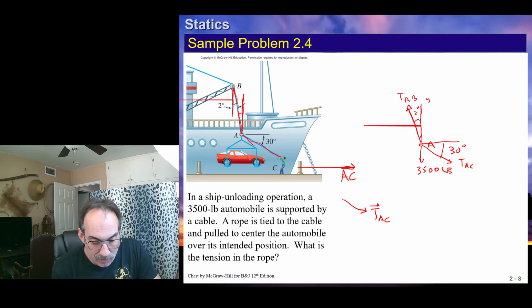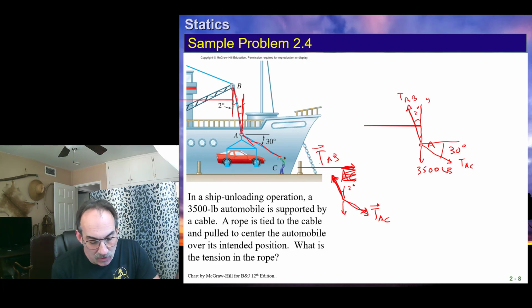We've got this other one going off in this direction, which was 2 degrees from the vertical. That was T, and that's AB. Now, you could call it BA, but I like to call it in the direction of the positive. So AC is acting tension from A to C. AB tension will be acting from A to B, so I'd call it tension in the AB direction.